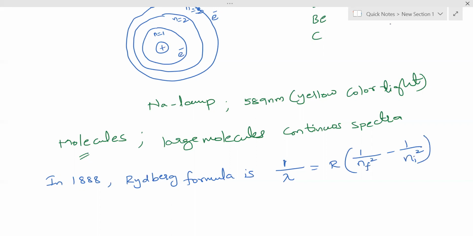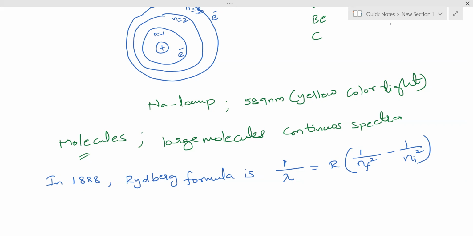In this you can see that nf and ni are two different energy levels. Suppose the electron is transiting from n equal to 1 to 2, this 2 is nf, that is the final orbit, and n equal to 1 is the initial orbit. And suppose the electron comes from n equal to 3 to n equal to 2, then nf will be 2 and ni will be 3.